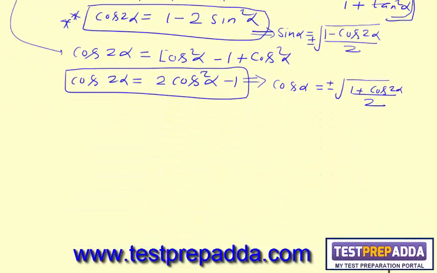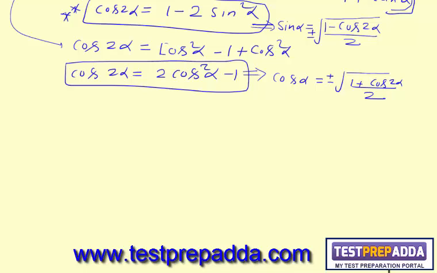Now we know sine 2 alpha. We know cos 2 alpha. What can we find now? Tan 2 alpha. So here now we will try to find tan 2 alpha, and that tan 2 alpha will be written as sine 2 alpha upon cos 2 alpha.